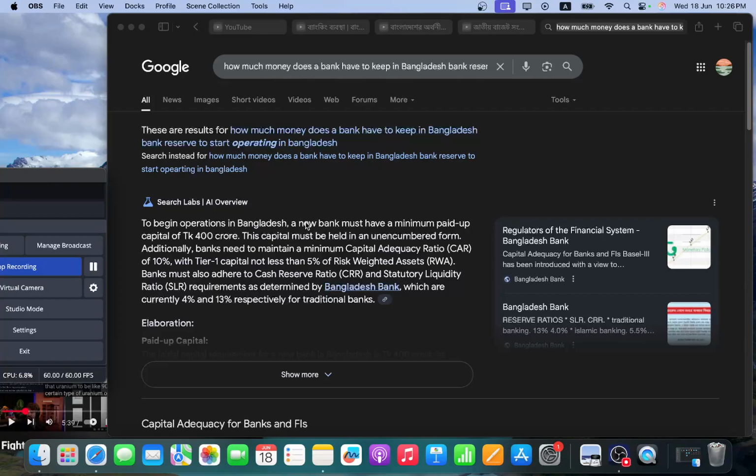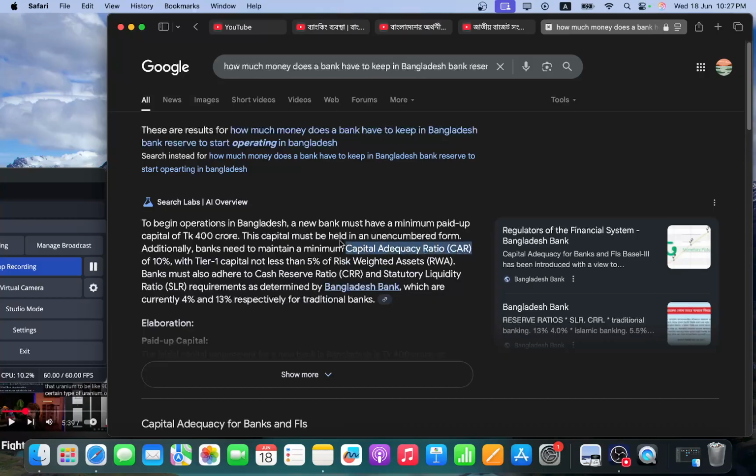To begin operations in Bangladesh, a new bank must have a minimum paid up capital of 400 crore. Okay, not 500 apparently. This capital must be held in an unencumbered form. Additionally, what is meant by unencumbered form? I don't know. Additionally, banks need to maintain a minimum capital adequacy ratio (CAR).